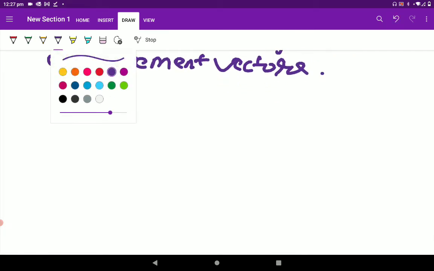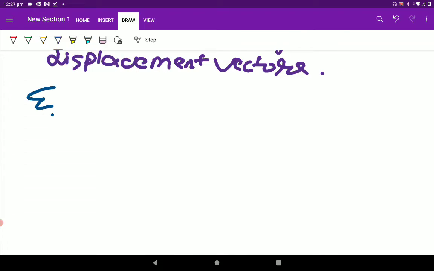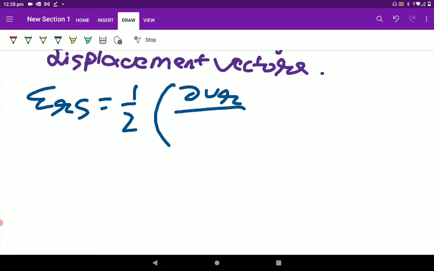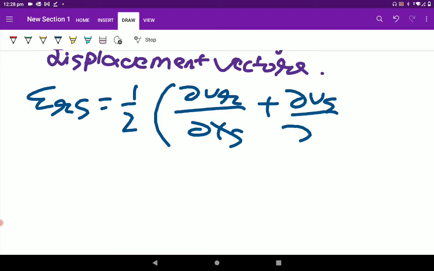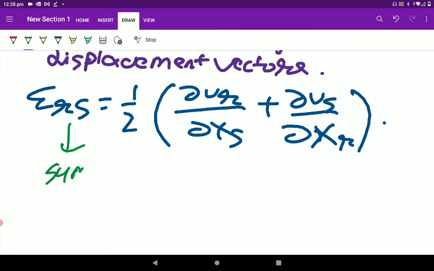We can write the equation of strain in this fashion. So this is a symmetric tensor by definition.